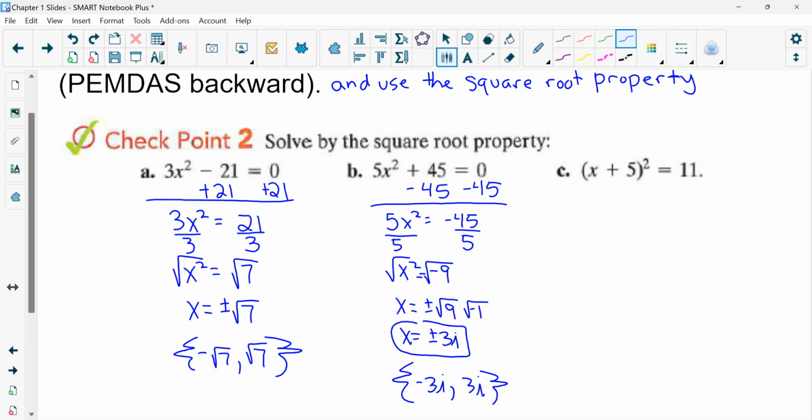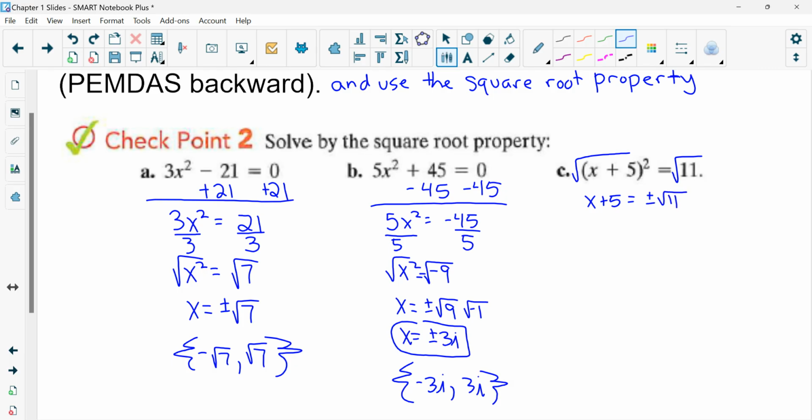The way I undo a square is with a square root, so I'm going to right away take the square root. The reason is, what happens when you square root something that's being squared? It cancels out. So we are left with just what's underneath here, x plus 5, and it would still be equal to plus or minus the square root of 11.